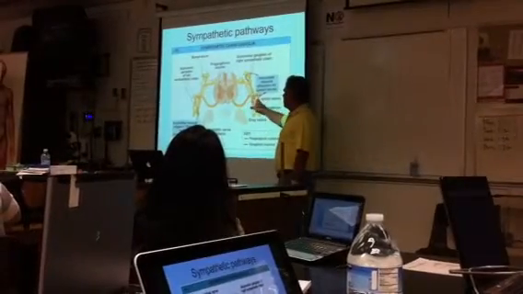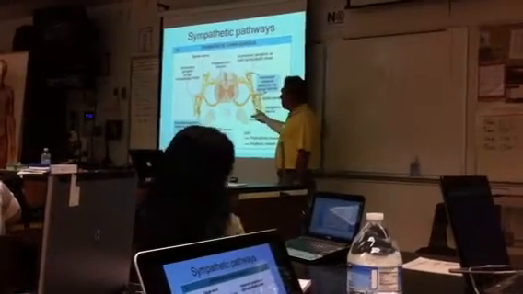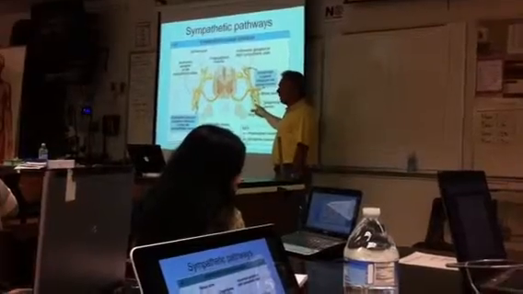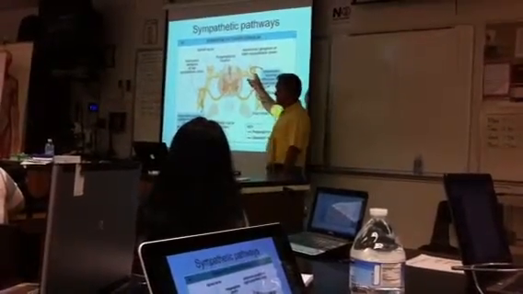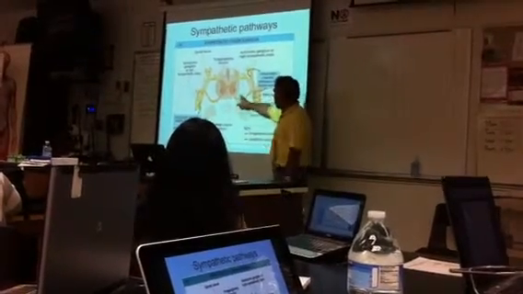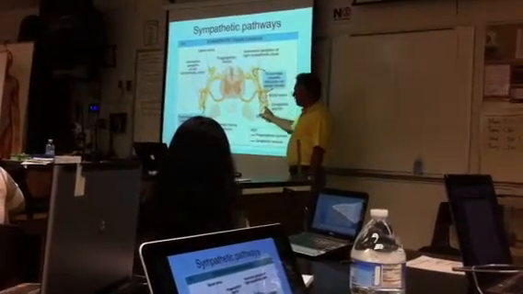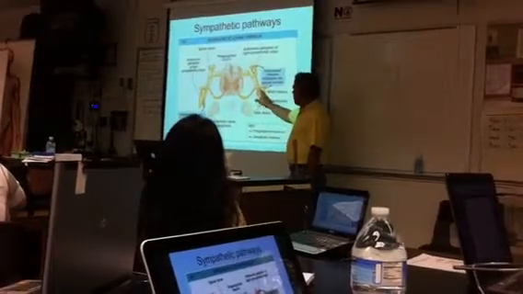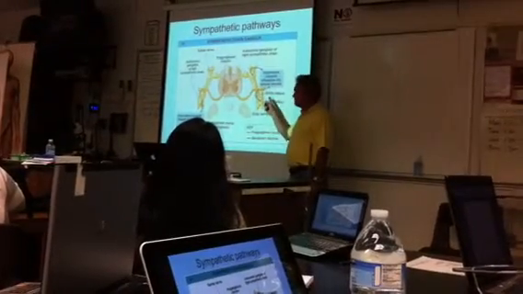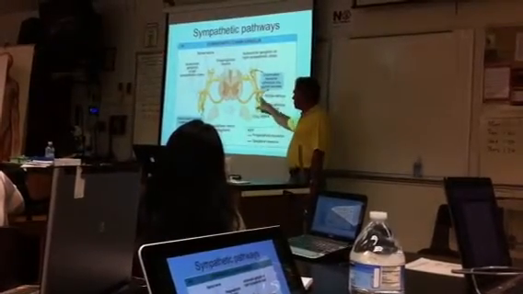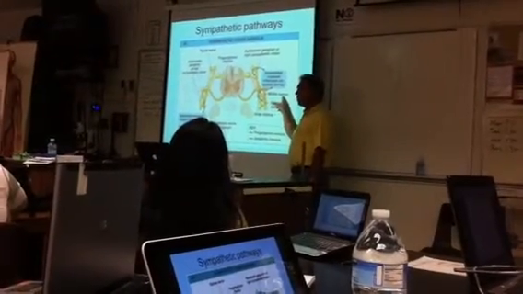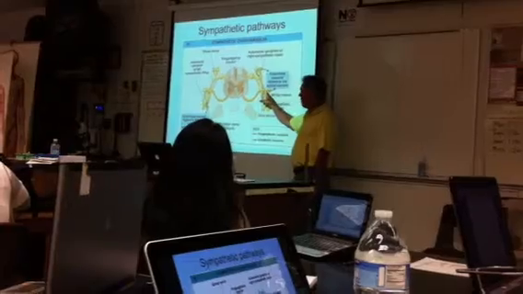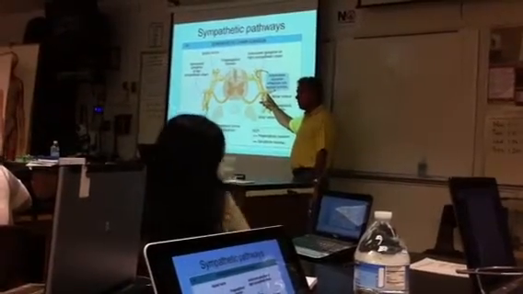The fiber takes a turn because, see, here's the ganglia where the relay is going to happen. So the synapse is going to occur right here. The same thing could occur up here, but anyway, it comes out, and it has to go to this ganglia. Now, the word ramus means branch. So here's a branch. And the reason it's called the white ramus, or the white branch, is because this fiber has myelin on it. So it's white.